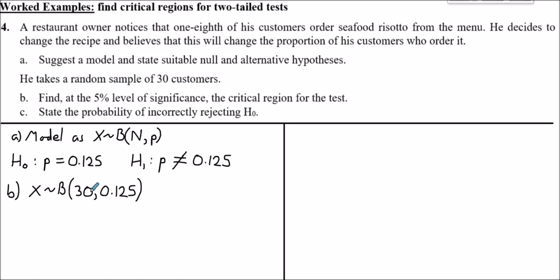So we need each tail to be as close to 2.5% as possible because it's half of the 5%.